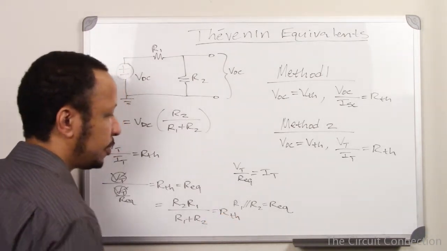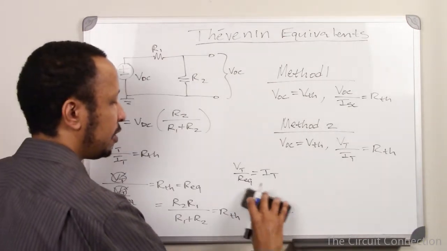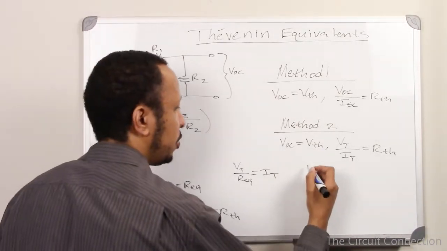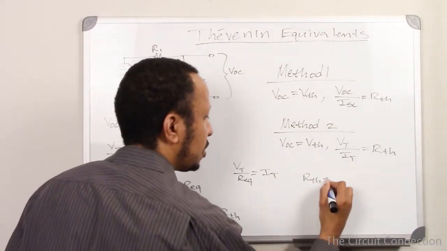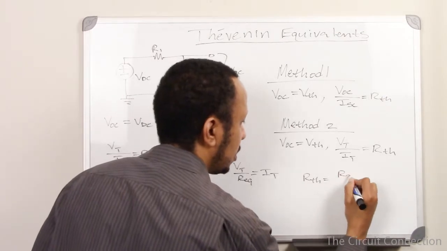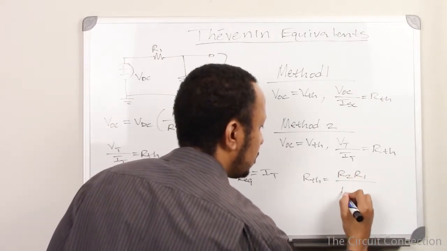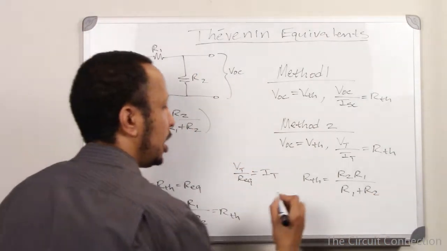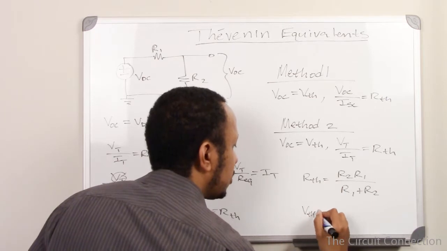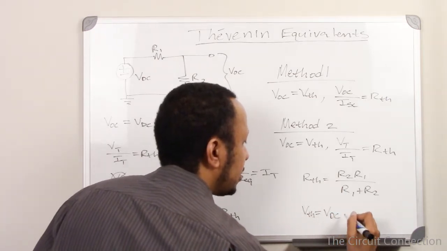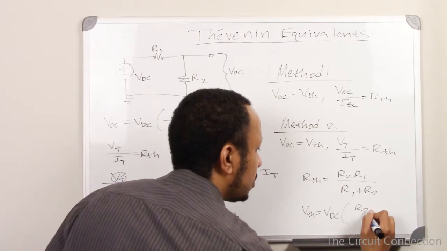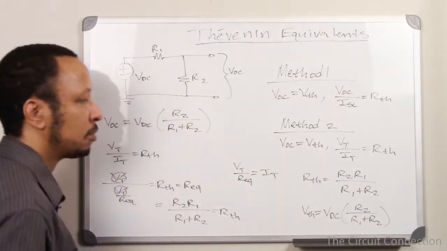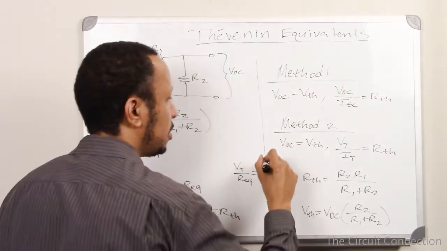That's RTH. So in both of these cases, we end up with RTH equals R1 R2 over R1 plus R2, and VTH equals VDC times R2 over R1 plus R2, no matter what method we use.